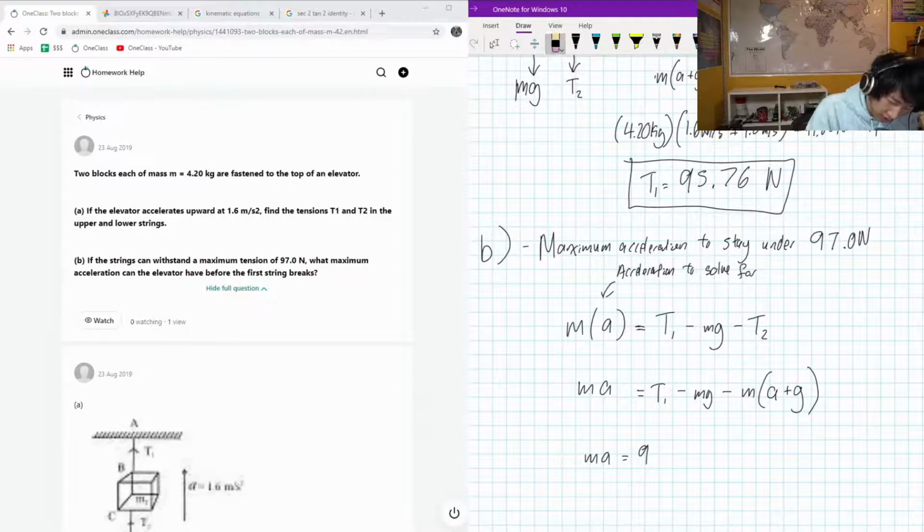But let's actually just algebra this out so that we can isolate a first. But we know that T1 is just going to be 97, minus mg minus ma plus mg. Actually, minus mg, my bad. Some minus out front.